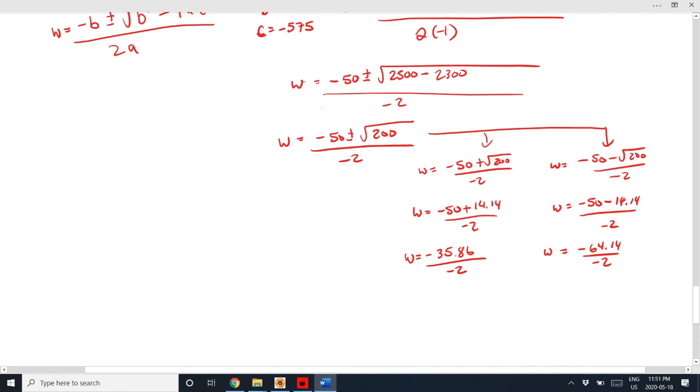So 35.86 divided by 2 is equal to a width of 17.93, or 64.14 divided by 2 is going to be a width of 32.07.